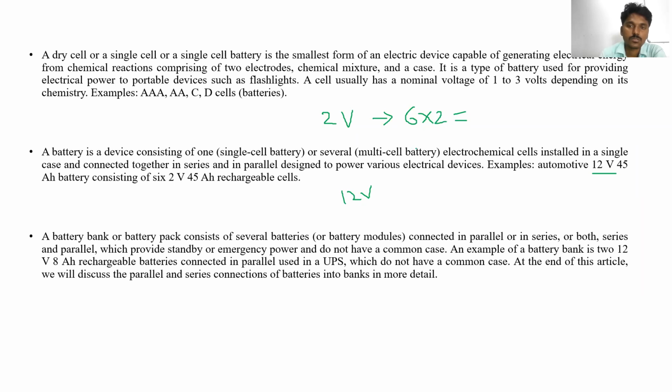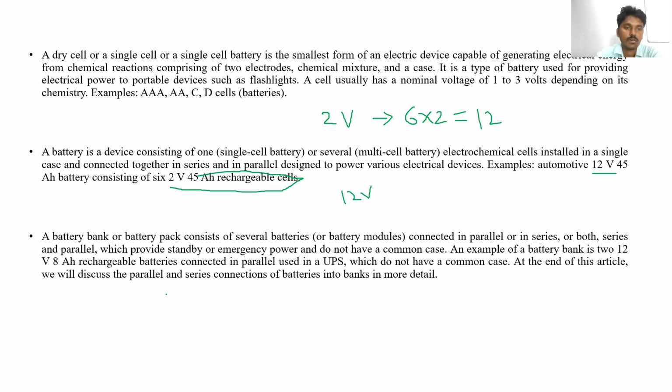Is it clear? These 6 cells are connected in series or parallel, so then we can achieve the 12 volts. And the rating is 12 volts, 45 ampere hours, a battery consisting of 2 volt, 45 ampere rechargeable cells.